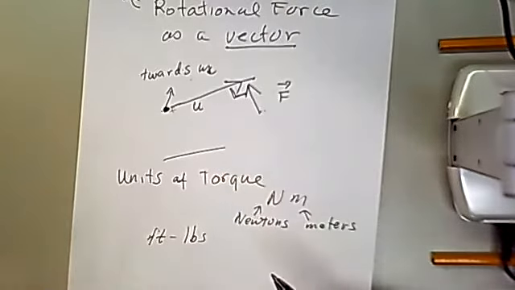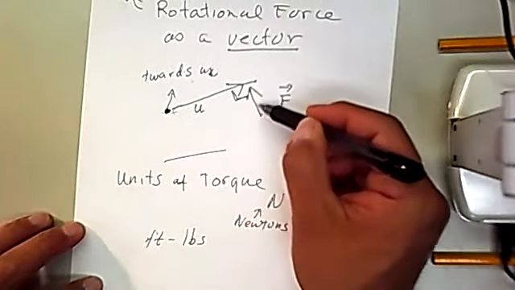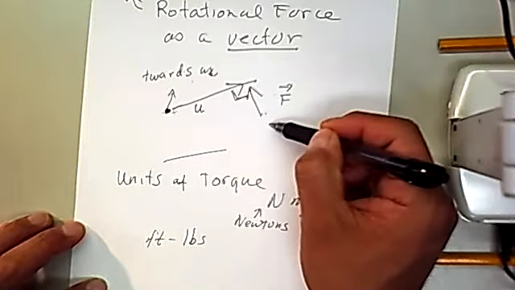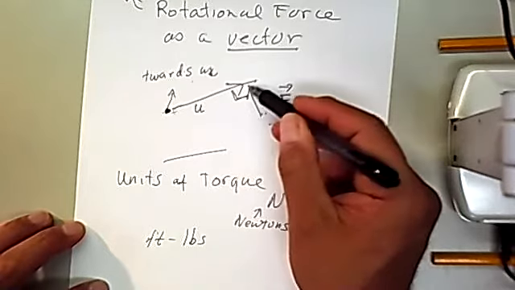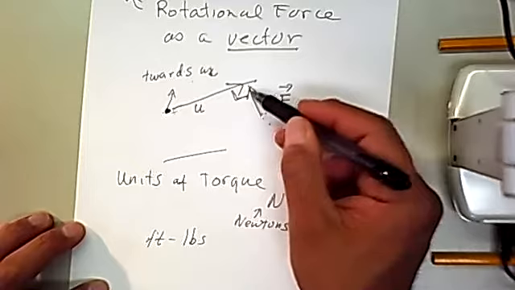The picture could be a little misleading because the length of this vector has to do with a force, and you can have a lot of force in a small body or small force in a large body.